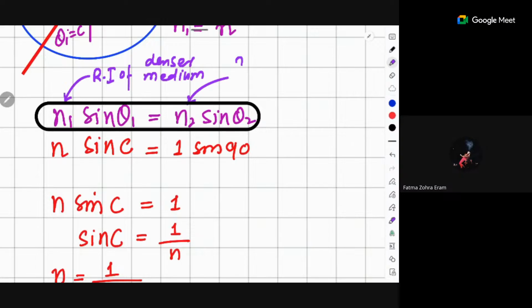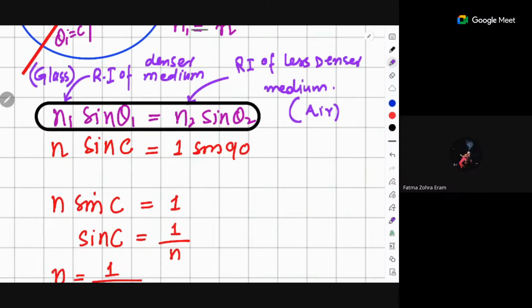Is the refractive index of less denser medium. Is this clear? Yes, sir. तो मुझे ये बताइए कि what is that less denser medium? Isn't it your air? Air. And isn't it your glass?